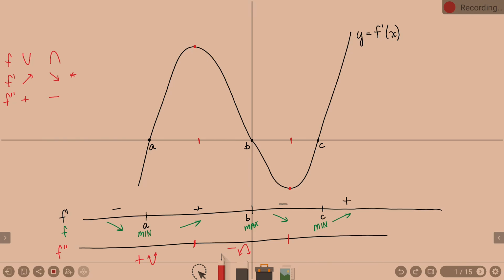And then to the right, my graph is increasing. It's going to be concave up. Now, those red tick marks I make, what are those going to be on my original graph? Those are POIs, points of inflection, because concavity changes, yes? Okay.